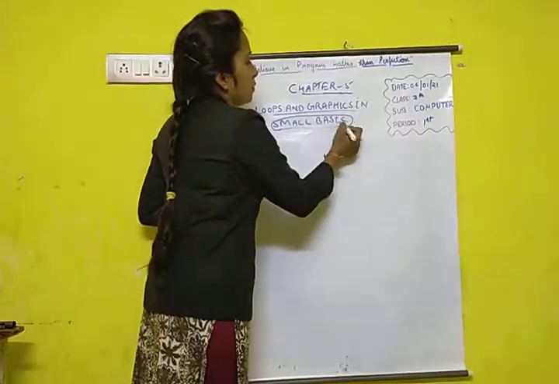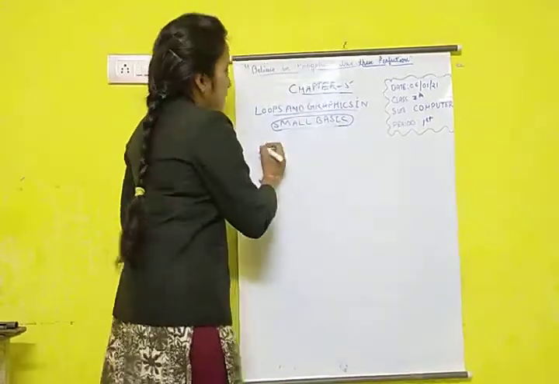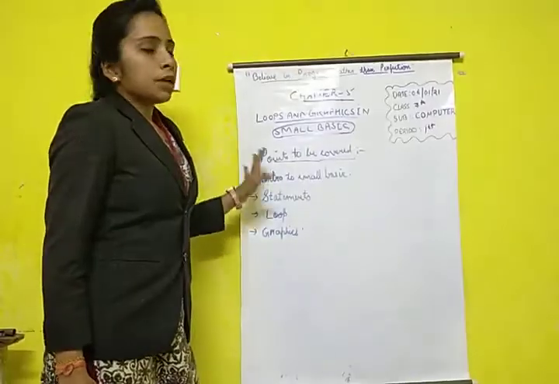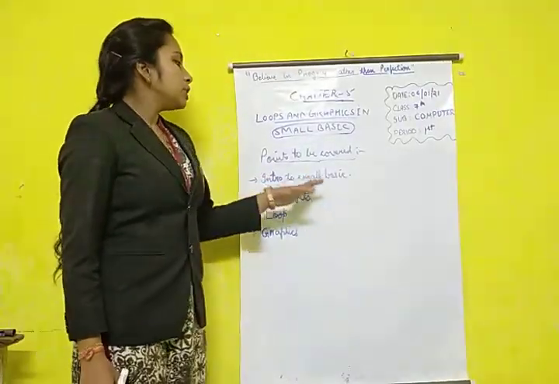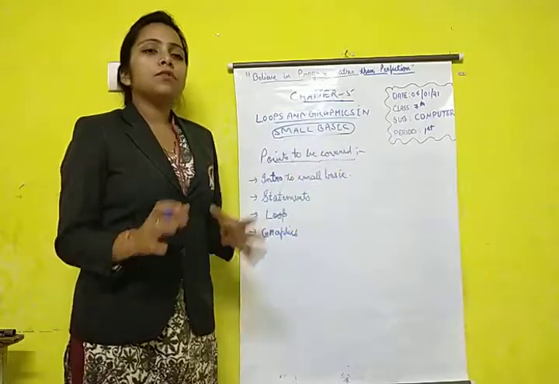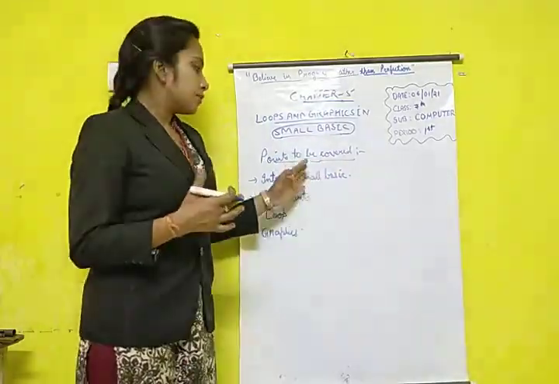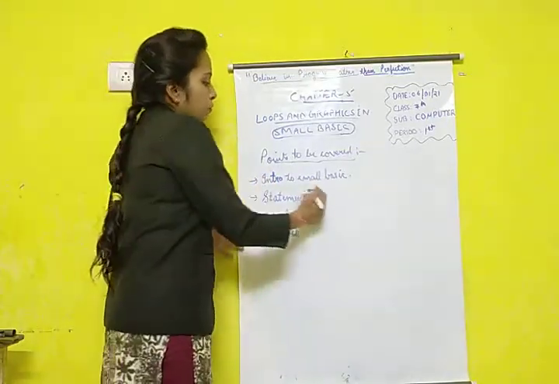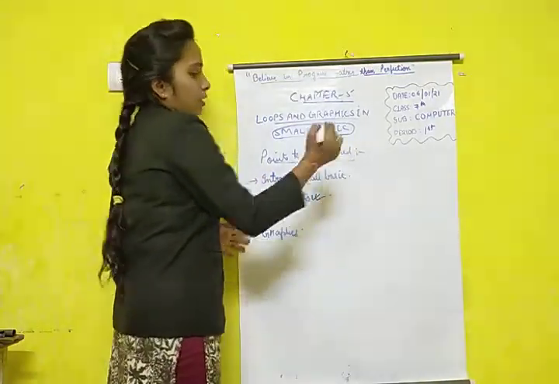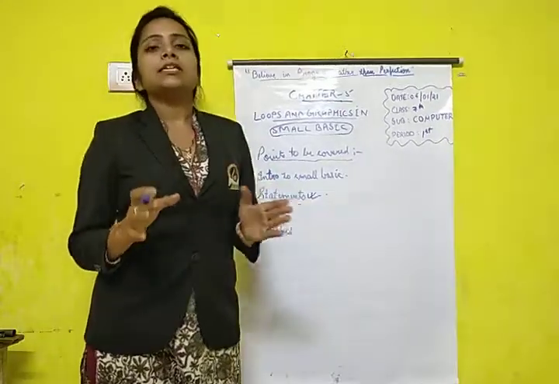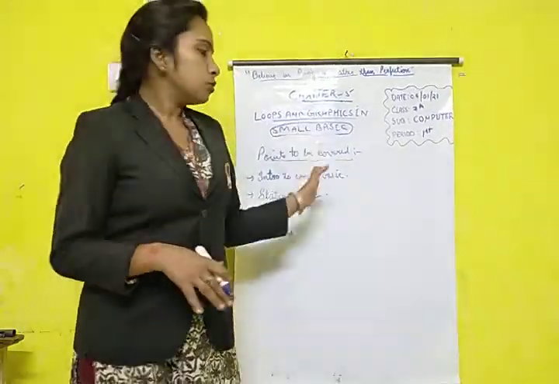First we will see what are the points to be covered here. We will go through the introduction to Small Basic. We will study what is Small Basic, why it is used and what are the features for that. Then we will go for statements. There are many different types of statements in Small Basic which we have to go through.